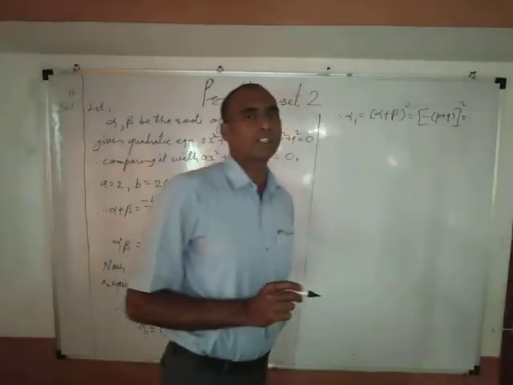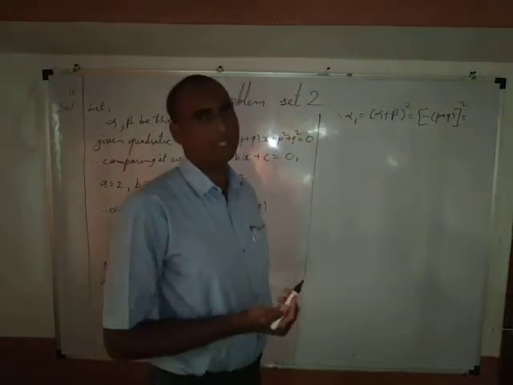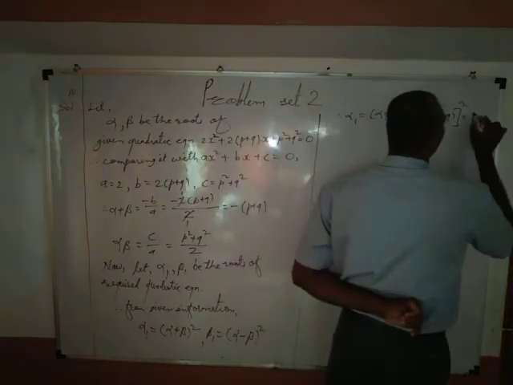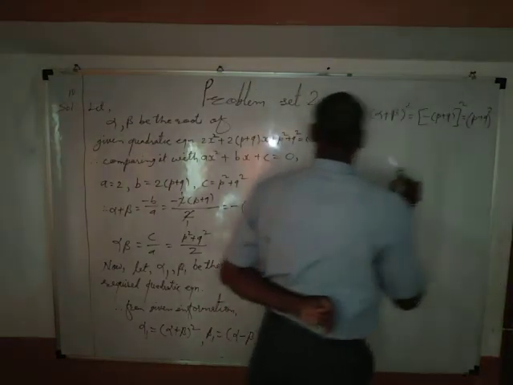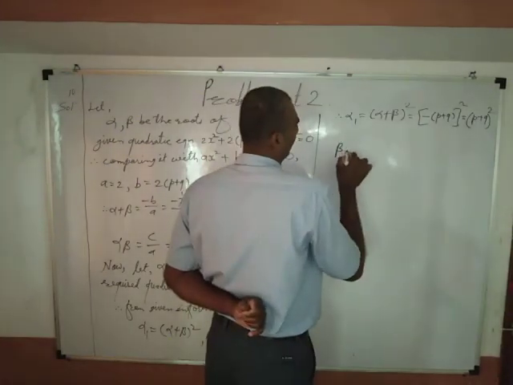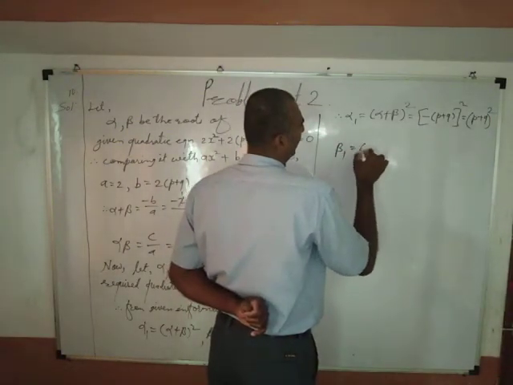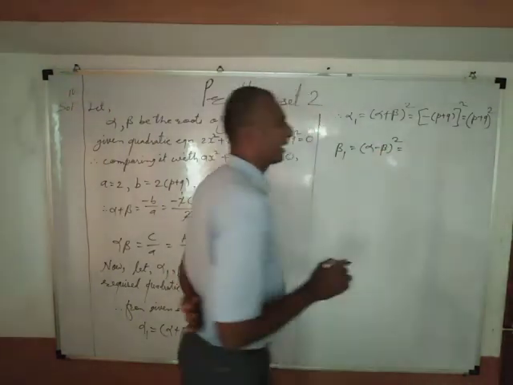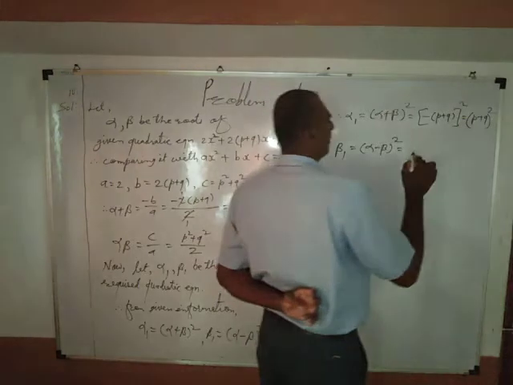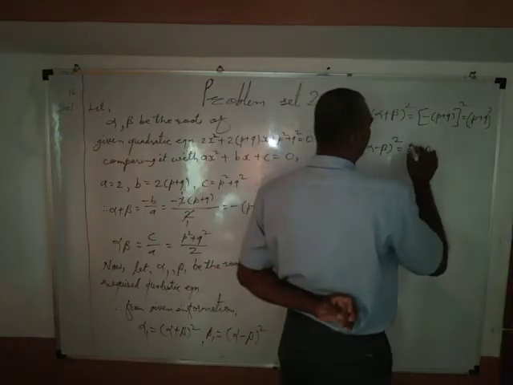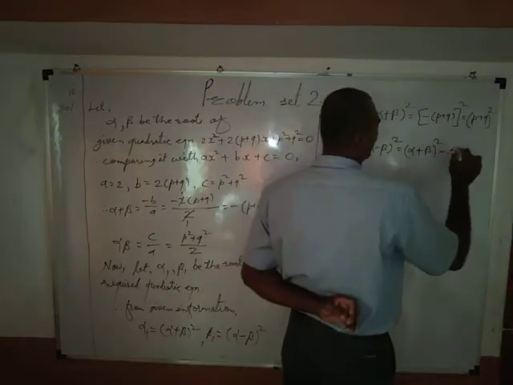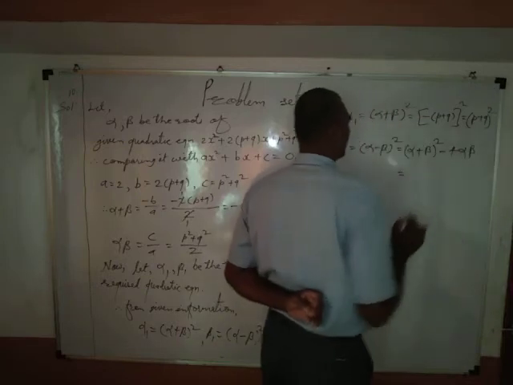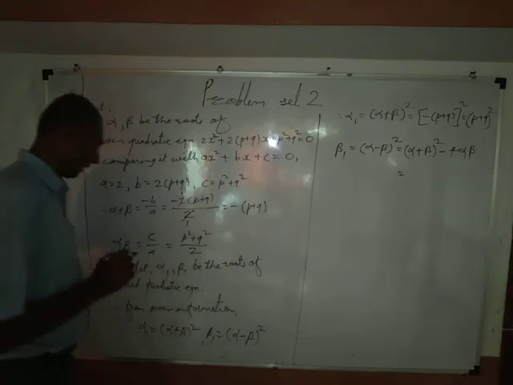Okay, on squaring, square of a negative term is positive, that's why it will obviously be (p plus q) its square. And beta 1 equals alpha minus beta its square, and alpha minus beta its square is nothing but alpha plus beta its square minus 4 alpha beta equals alpha plus beta its square.